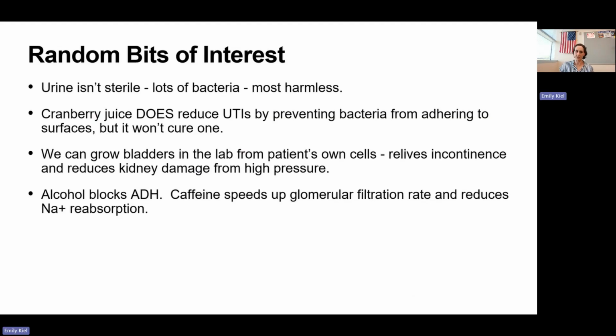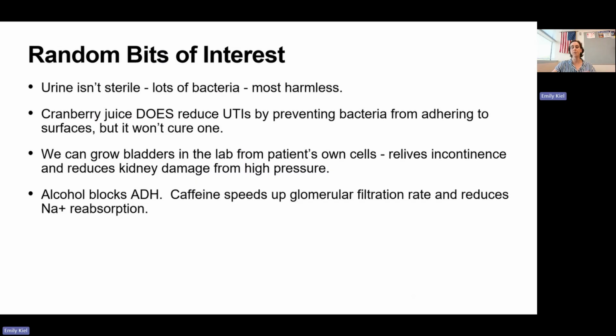And then my favorite fact, I don't know why it's my favorite fact, but I think it's so cool because it explains a lot about the world: alcohol blocks antidiuretic hormone. If you block antidiuretic hormone, you're going to end up with a diuretic. And that's why when people drink a lot of alcohol, it creates the need to urinate a lot.